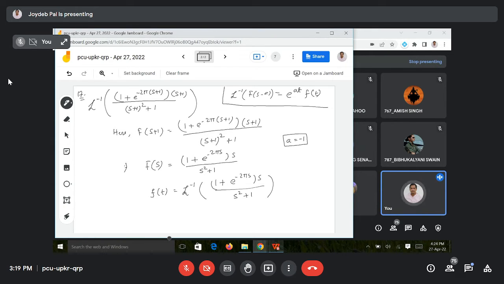So you can rewrite it in the form e to the power minus as into fs. So you have to first split it in two fractions: Laplace inverse of s divided by s square plus 1, and the second part, Laplace inverse of e to the power minus 2 pi s into s divided by s square plus 1. Any doubt? Tell me.